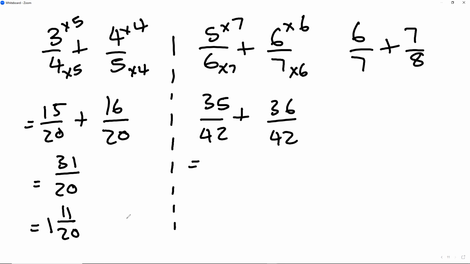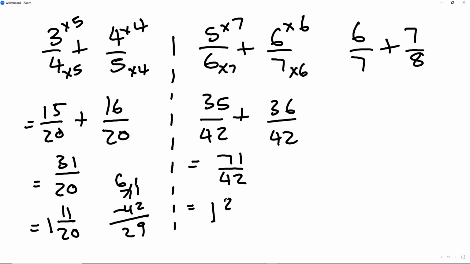Let's calculate it quickly somewhere. 5 plus 6 is 11. 3 plus 3 is 6 plus 1 is 7. So it's 71 over 42. 42 divides into 71 once. And if I subtract it, I will get my remainder. Borrow. 11 minus 2 is 9. 6 minus 4 is 2. So the remainder is 29 out of 42 for that one.